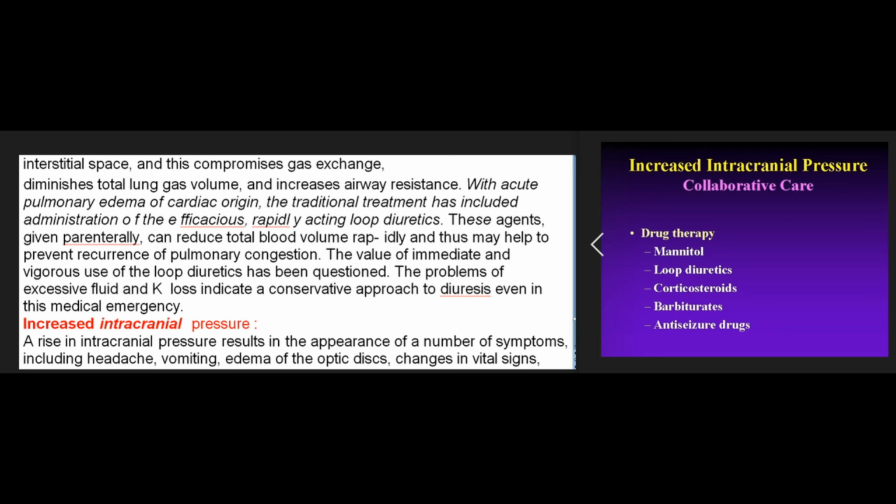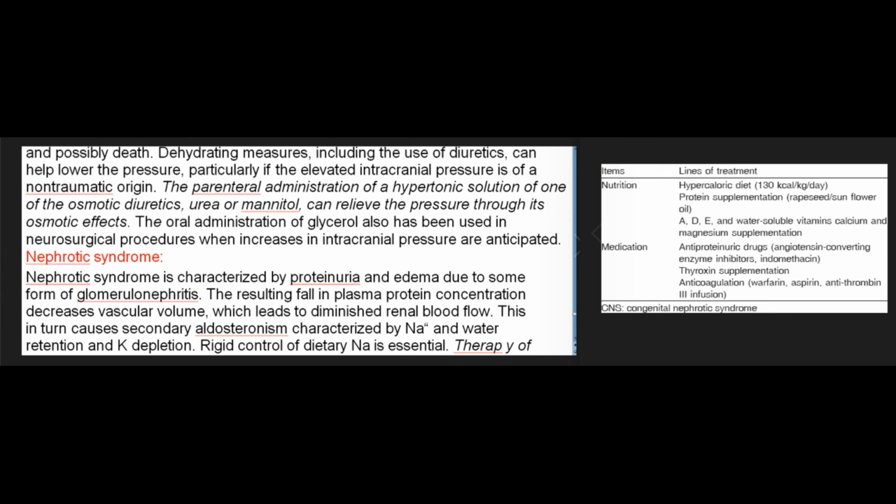Increased intracranial pressure. A rise in intracranial pressure results in the appearance of a number of symptoms, including headache, vomiting, edema of the optic discs, changes in vital signs, and possibly death. Dehydrating measures, including the use of diuretics, can help lower the pressure, particularly if the elevated intracranial pressure is of a non-traumatic origin.